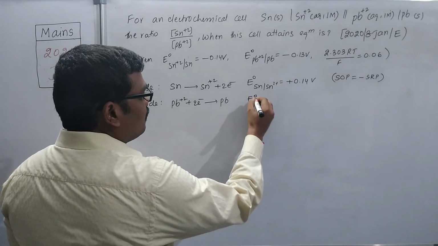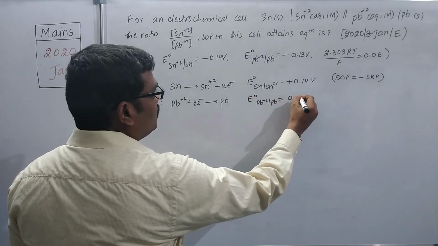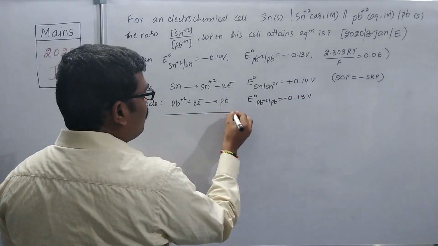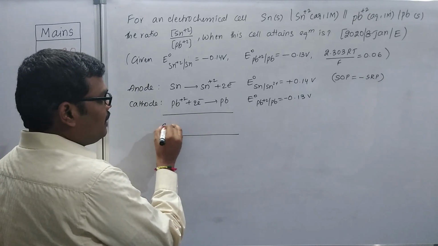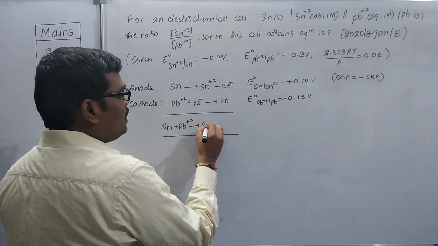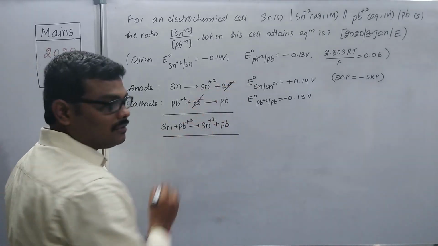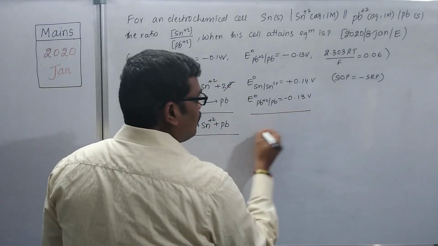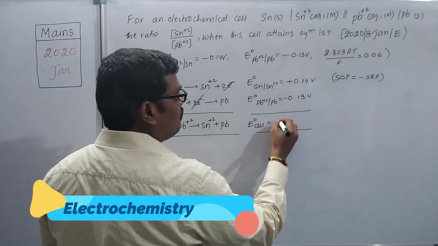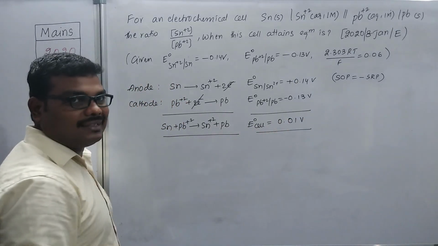Then the reduction potential of lead is minus 0.13 volts. The overall reaction is Sn plus Pb2 plus gives Sn2 plus plus Pb. Here 2 electrons are cancelled. Then the E0 cell of this reaction is 0.01 volts. This is E0 cell.